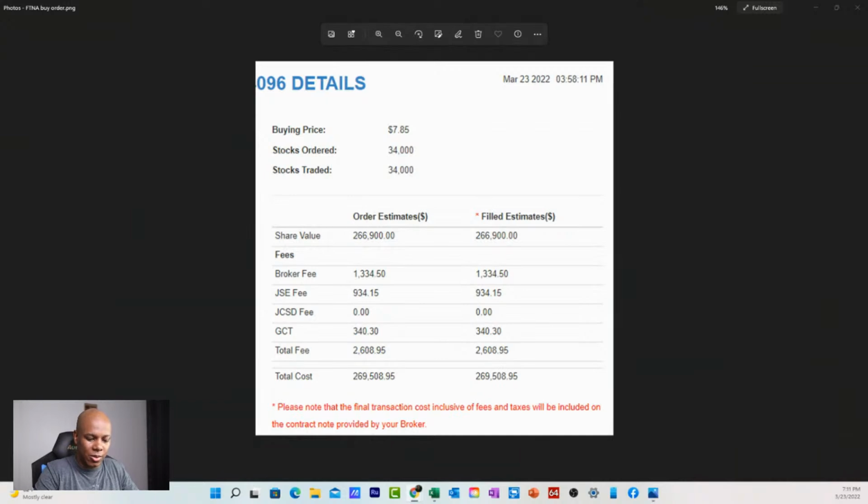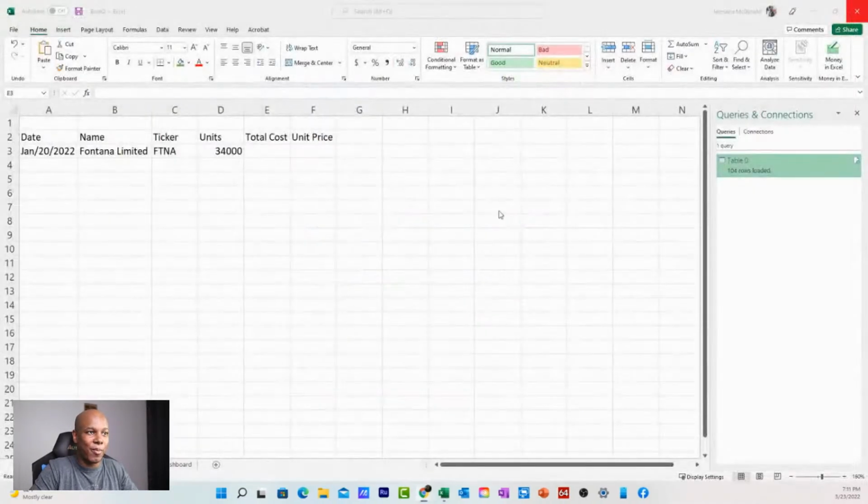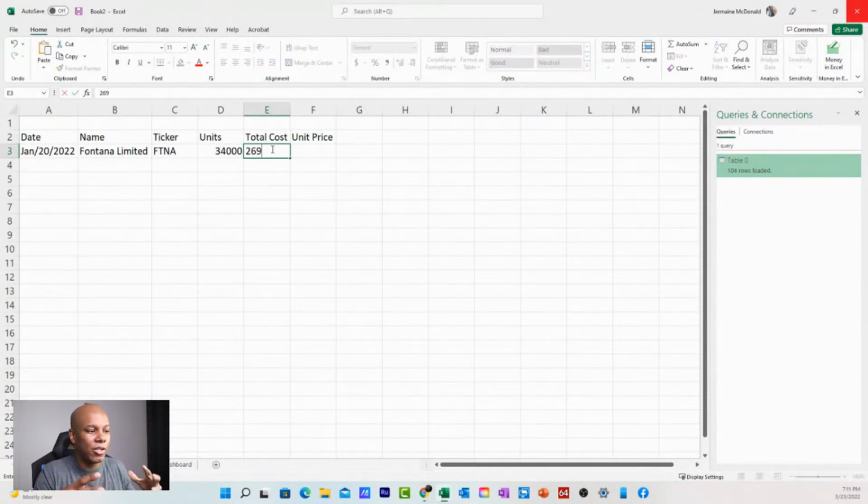So it's 269,508.95. I'm typing it in the chat so that I can remember it. And as I said, what I'm doing here is just including all the fees into one, right? Because I don't really see the need to separate it because it doesn't matter what I'm paying.